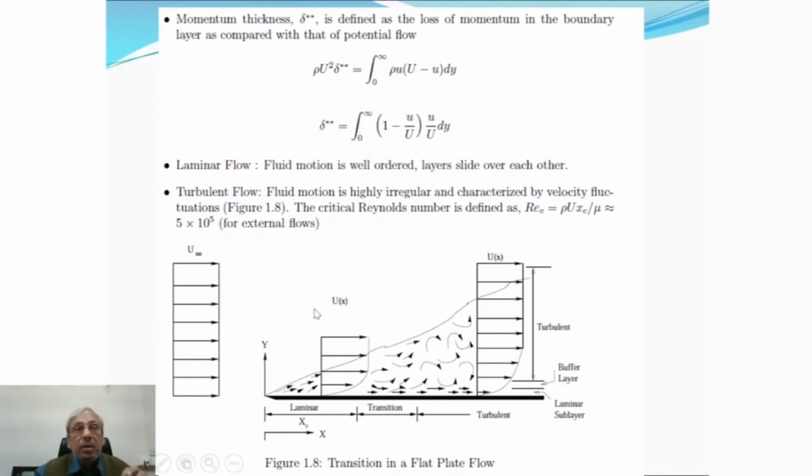But on very convex bodies like a circular cylinder, etc., these have to be redefined. But usually for flat flow and flow with mild curvature, we can say that this critical Reynolds number is 5 into 10 to the power 5, and the Reynolds number is based on free stream velocity and distance from the leading edge x. So when it reaches 5 into 10 to the power 5, likely the transition from laminar flow to turbulent flow takes place.